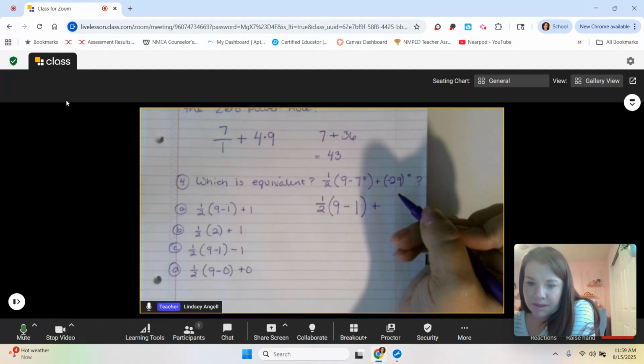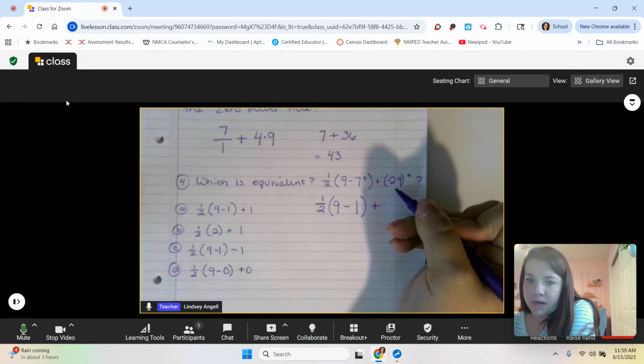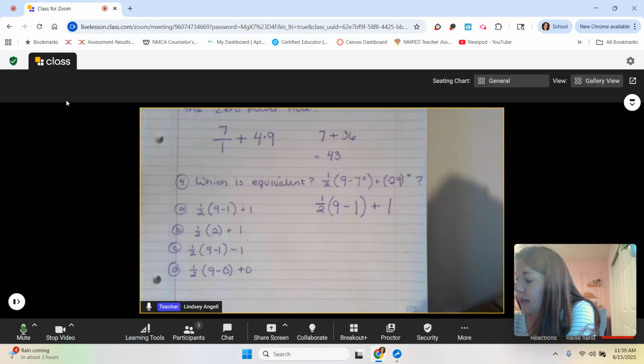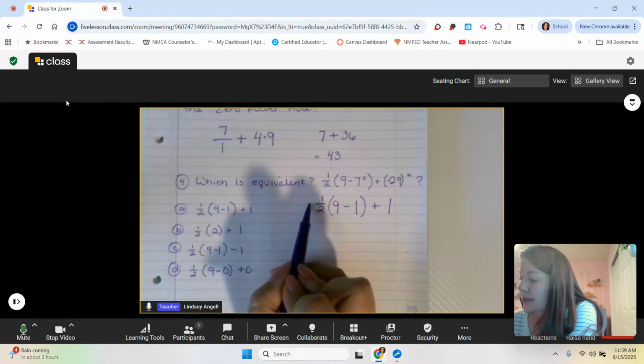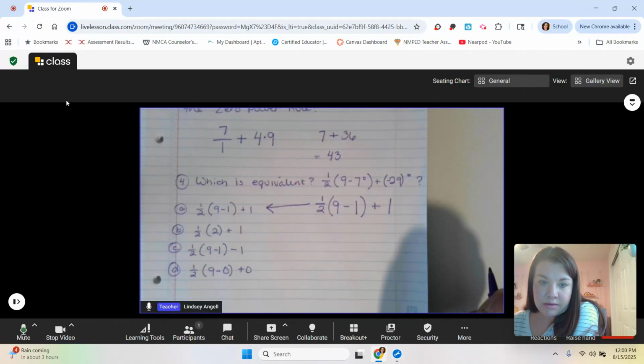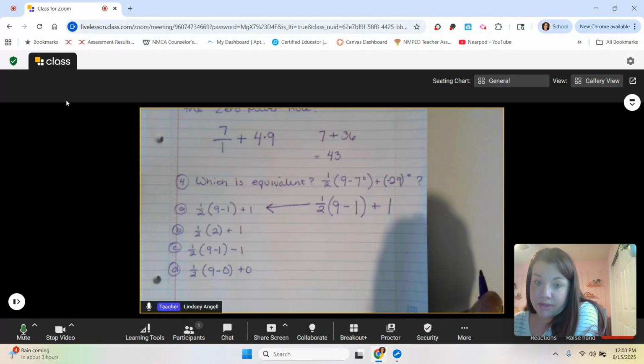I'm going to go ahead and apply it now because it's just negative 29 inside there, but I know the whole thing is being taken to the 0 power, so that's equal to 1. Okay? And if you notice right away, oh my gosh, look at that. That's answer A. It's identical to answer A. So that's going to be your answer on this one.